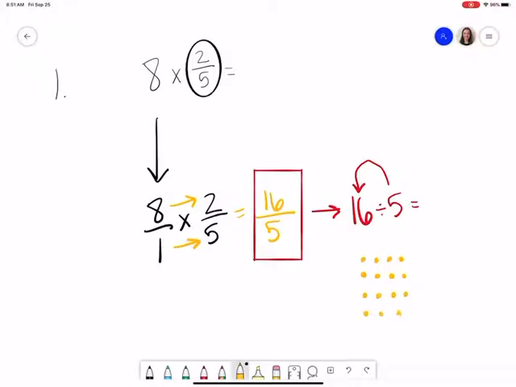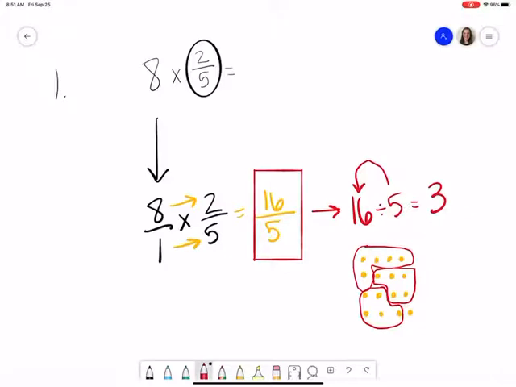Okay, so how many groups of 5 can I make? Well, let's see. Here's one group of 5. Here's another group of 5. And here is another group of 5. So how many groups of 5 can I make? 3 full groups of 5.